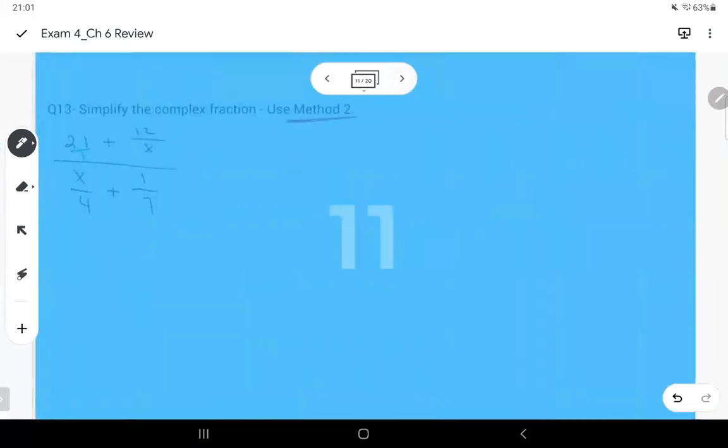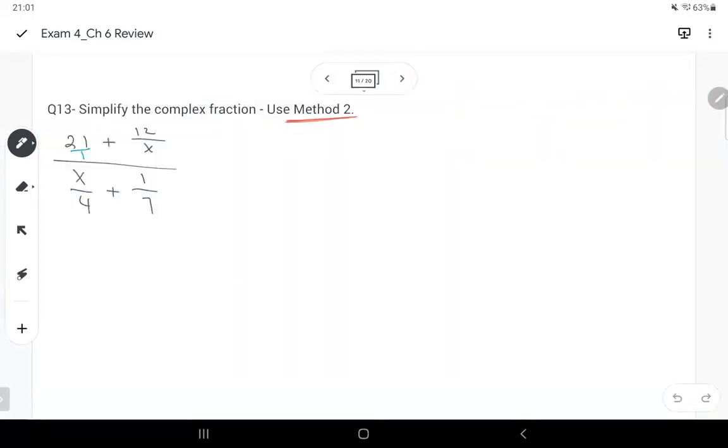Watch the videos again. All right, method 2 is going to use complete LCD, which in this case is 4 times 7 times x, which is equal to 28x. You can squeeze them in here however you like. This one gets the whole thing, 28x.